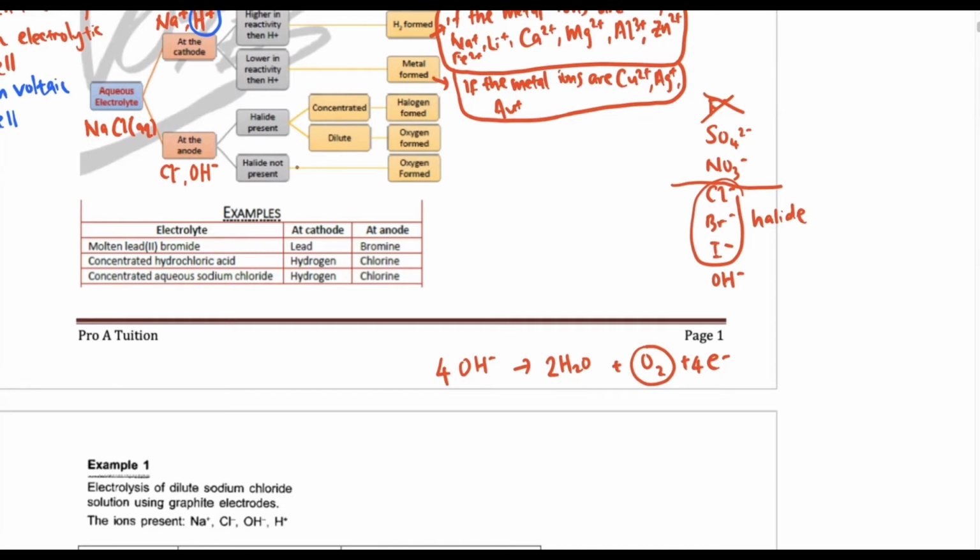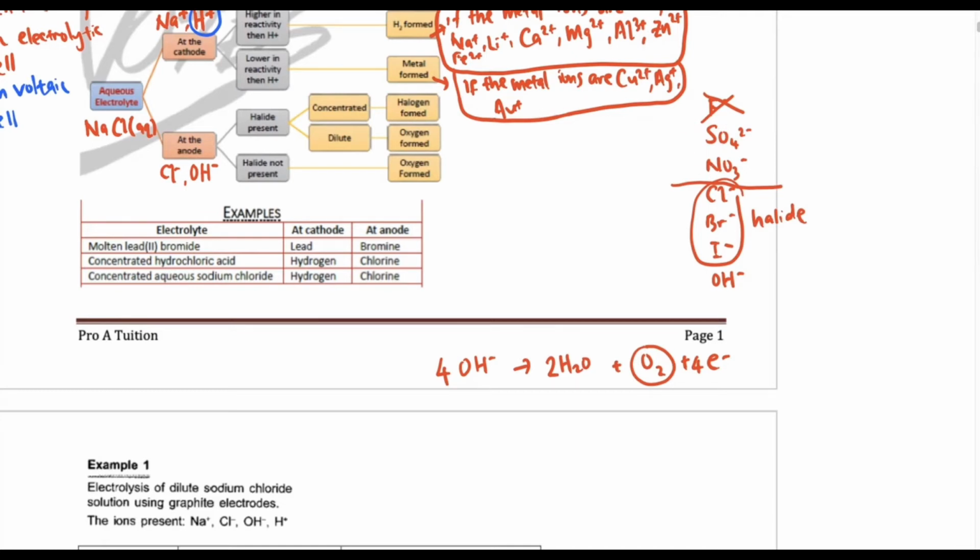But if halide is not present, that means these three are not present, but it's something else, like sulfate, nitrate, or this one, fluoride. In that case, they are too reactive compared with hydroxide. Although it is concentrated, it is still not going to form products.